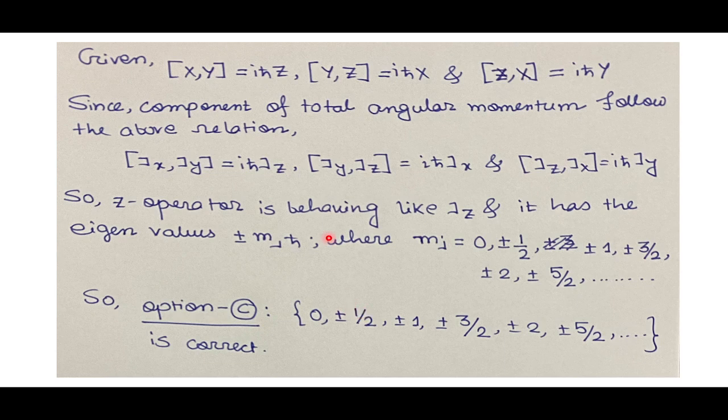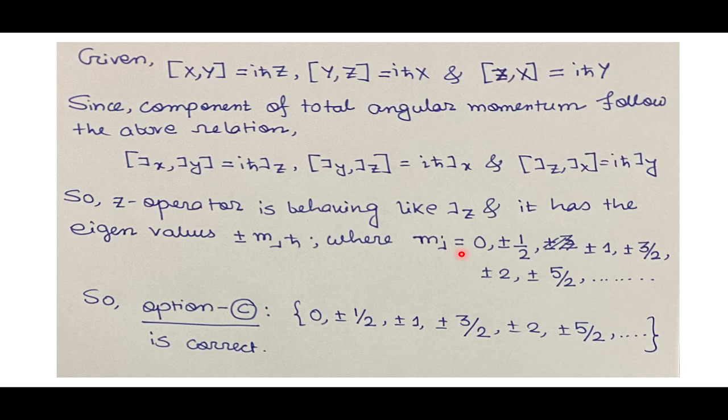Because your total angular momentum will have all the possible values. So you can see if you consider X as Jx, Y as Jy, and Z as Jz, it is following this relation, right? Now your Z operator is behaving like Jz, and it has the eigenvalues plus minus mj each time. Now mj is basically 0, plus minus half, plus minus 1, plus minus 3 by 2, plus minus 2.